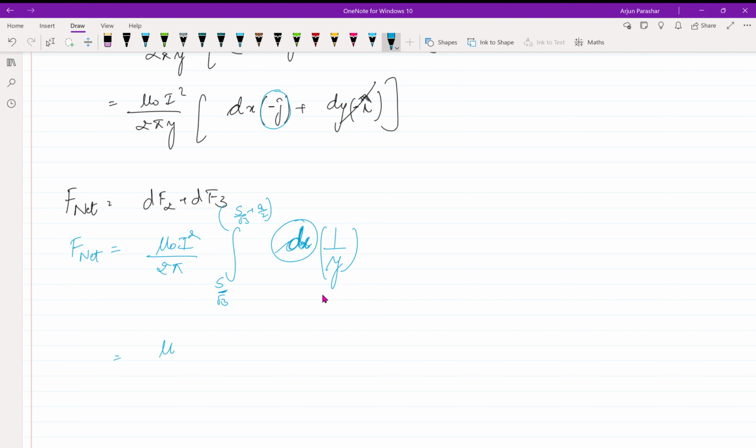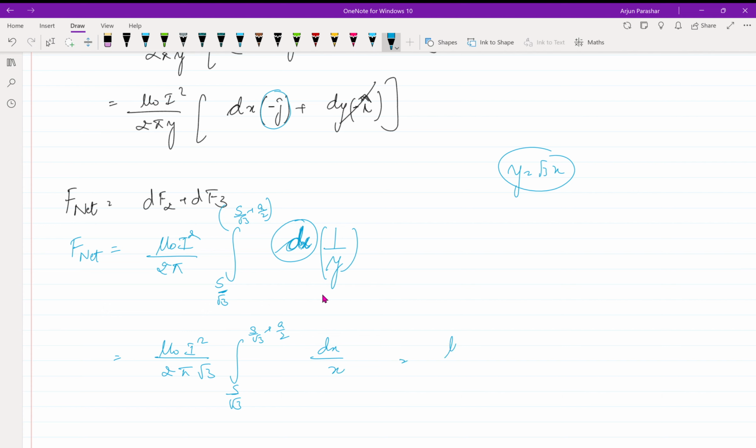So on further simplification, we get mu naught I square upon 2 pi, and now we need to put the value of y here. From that equation we got y is equal to root 3x. So y is equal to root 3x, so it will be 1 by root 3 here, s by root 3 plus a by 2, dx by x.